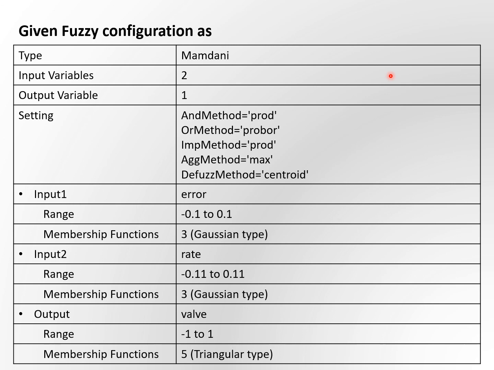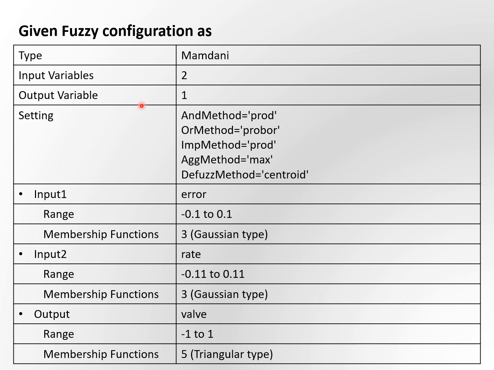But the Mamdani output is what we have studied before: different rules fired, aggregate them, and defuzzify to get the output. It doesn't matter which method you use, but in the toolbox, most of the time we can easily use Mamdani because it is very user friendly.